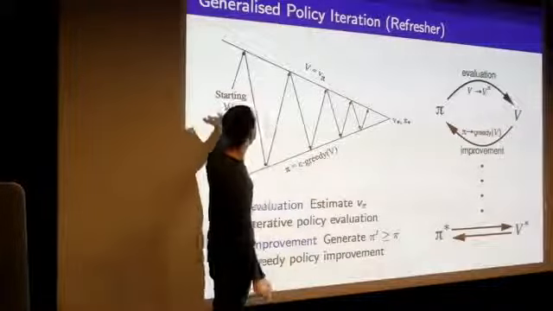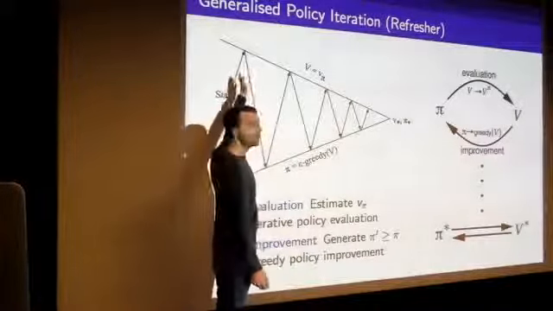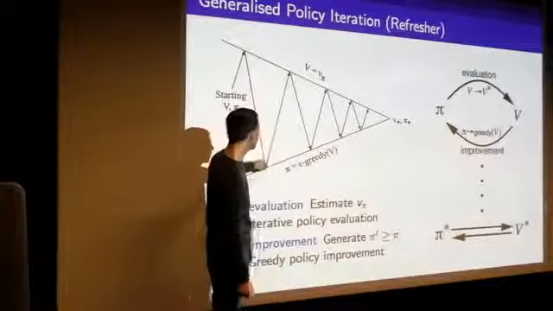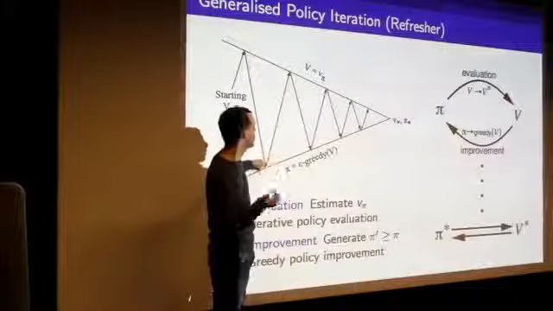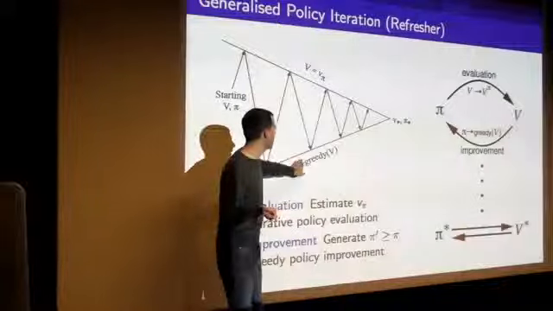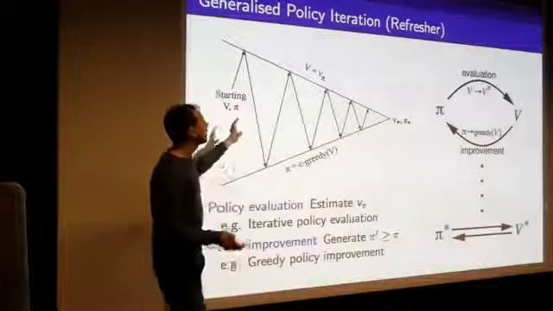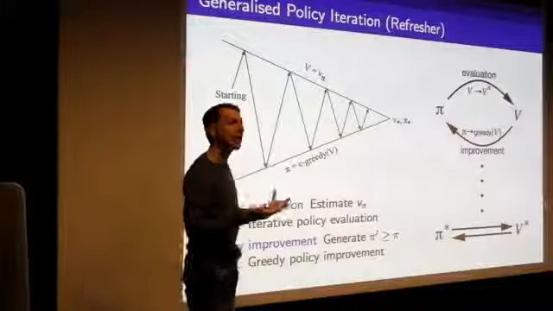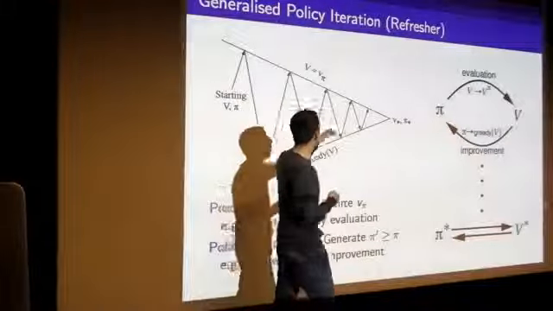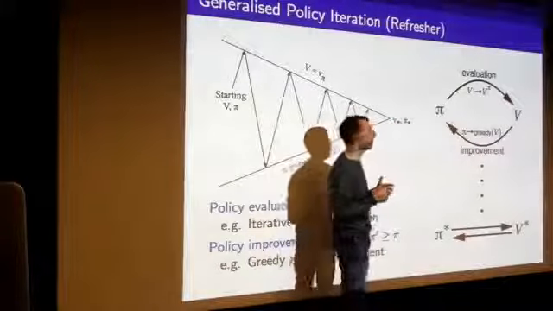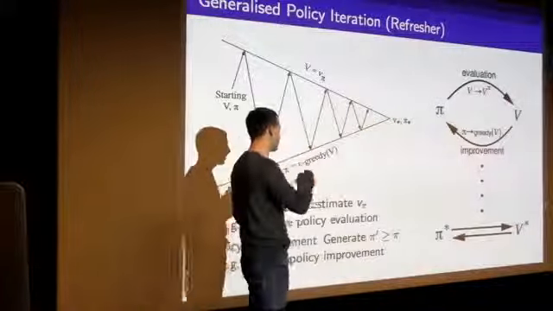Every time you go up, you evaluate your current policy to get a new value function, and every time you go down, you act greedily with respect to that value function. This alternating process we saw when doing dynamic programming does converge on the optimal policy and the optimal value function. It's just this cycle that can go round and round and round.